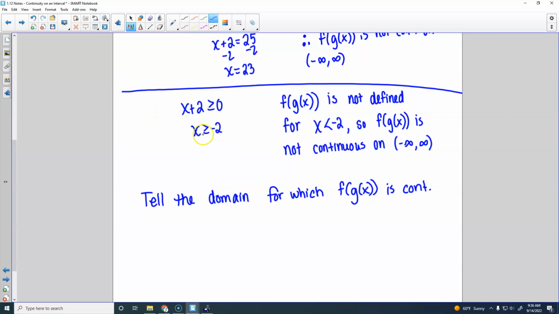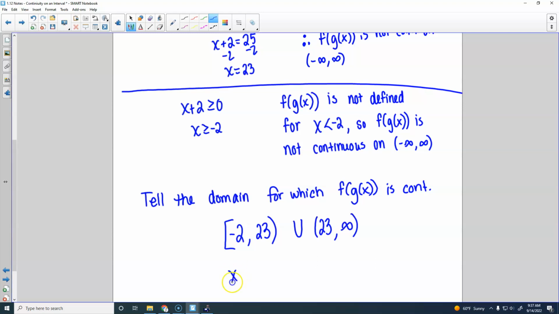We know we've got to have numbers greater than or equal to negative 2, but what else? And we cannot equal 23. So I would write it like this. We would use a bracket here because it includes negative 2. Negative 2 to 23, parentheses, and then 23 to infinity, like that.